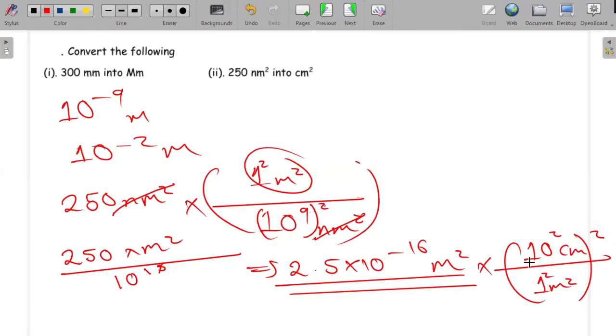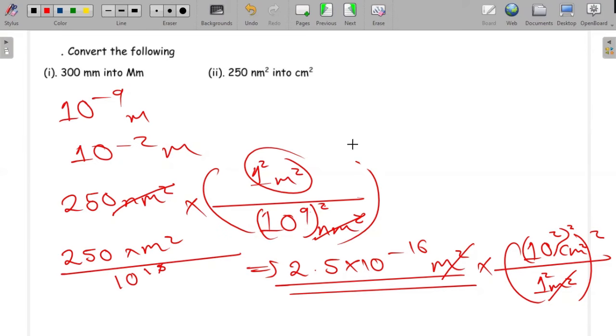Then this 10 to the power 2 also carries a square, and the centimeter also carries a square. So the square meter and that square meter cancel each other, and we remain with 2.5 times 10 to the power minus 16 multiplied by 10 to the power 2 squared, which will be 10 to the power 4.